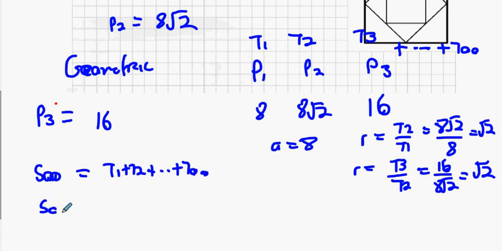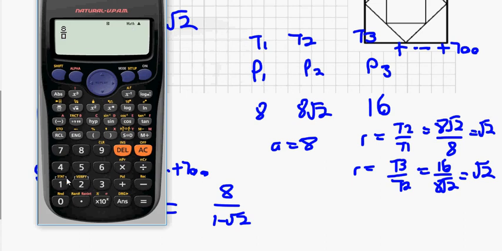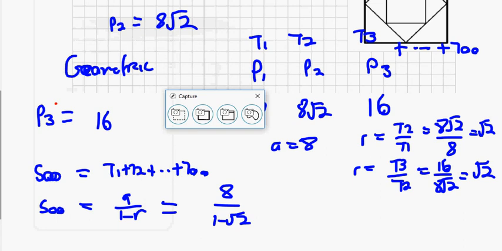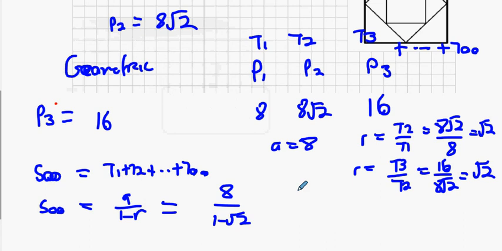S infinity, therefore, is A over 1 minus R. So what we're going to get here is 8 divided by 1 minus root 2. Alright.